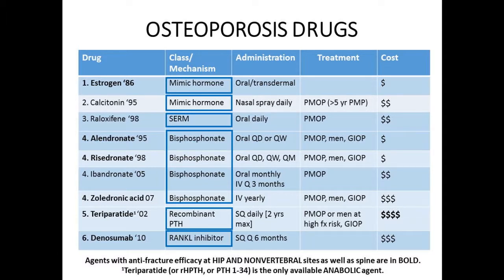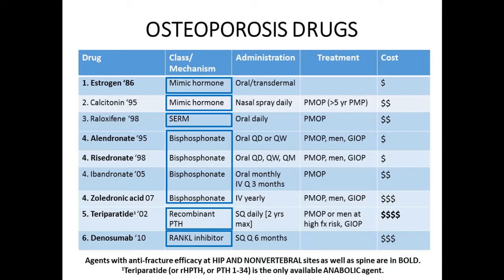So I've bold-faced some of these drugs because the ones in boldface are the ones that we have fracture efficacy data for the hip. Okay, so it doesn't mean the other ones aren't good. All of these will increase your bone density, and all of them have some data for reducing vertebral fracture. But not all of them have data for reducing hip fracture.